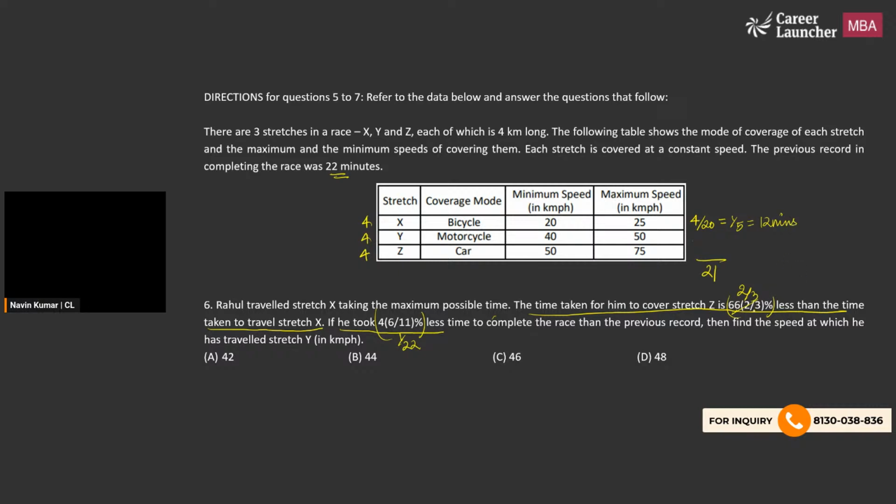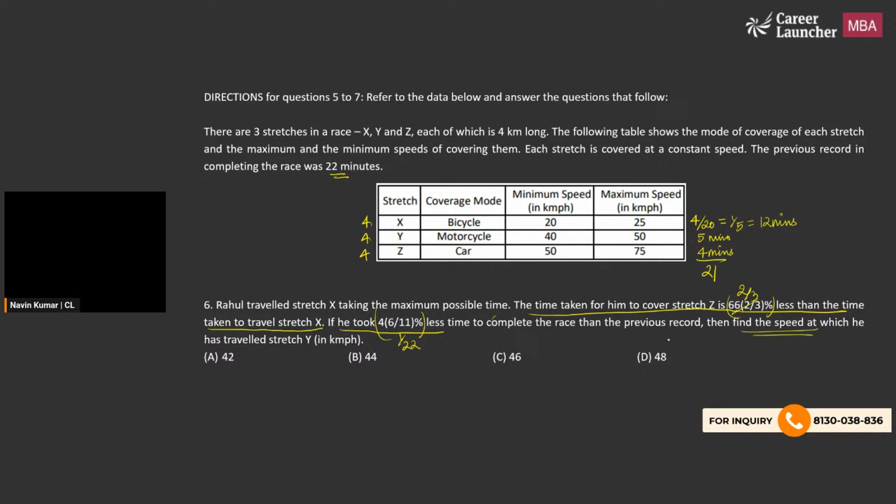Now it is given that the time taken for him to cover stretch Z, the third one, is 2/3 less. 1/3 of 12 minutes is 4 minutes. 2/3 less is 8 minutes less. So he covers this in 4 minutes only. 12 plus 4 is 16. That means he must have covered stretch Y in the remaining 5 minutes.